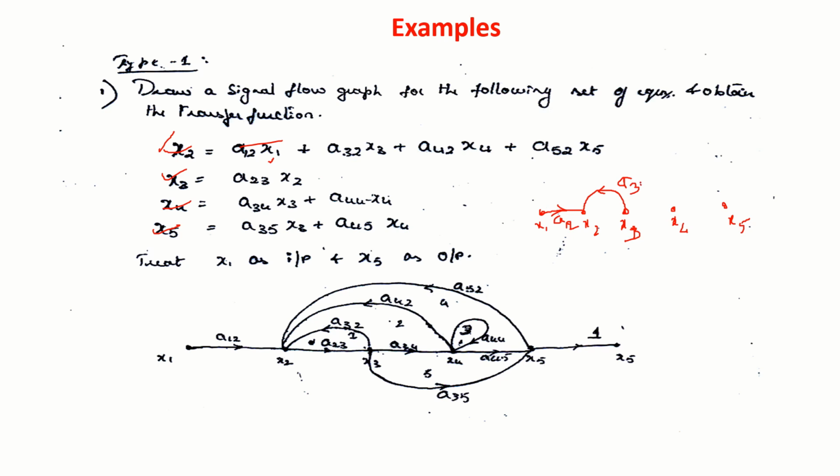The gain is a32. Then x4 to x2, draw like this, a42. Then x5 to x2, a52.